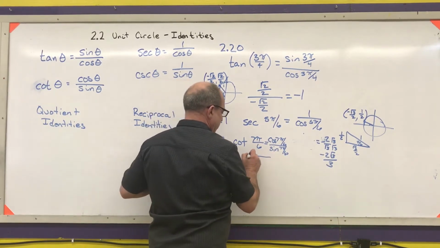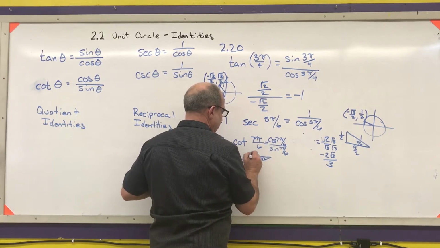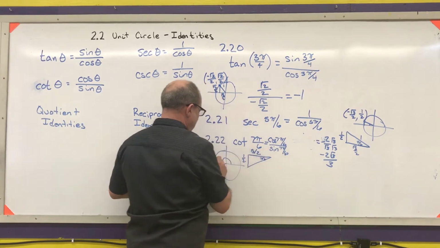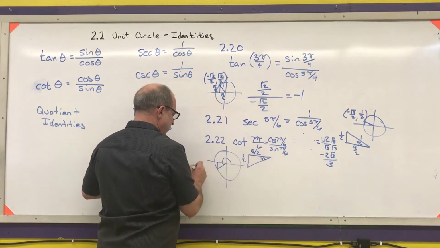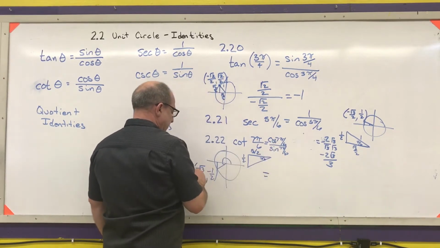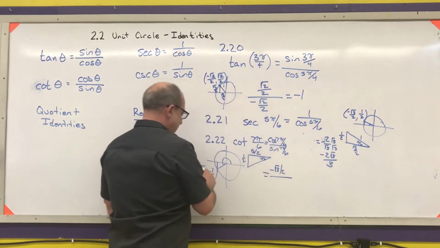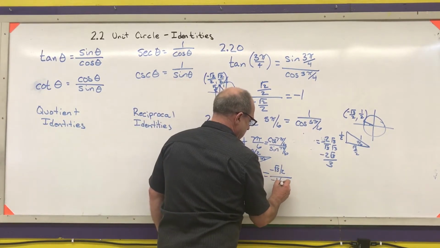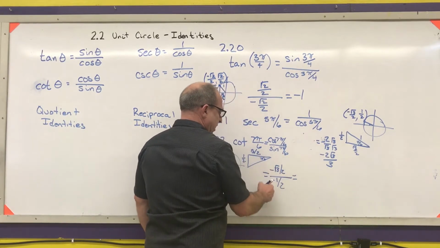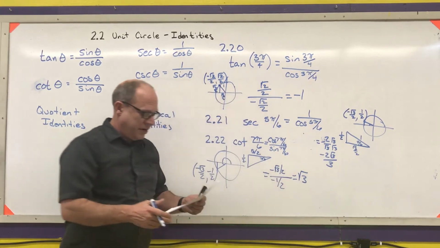That gives me this triangle, where that's pi 6, 1/2, square root of 3 over 2. Coordinates for this point are negative square root of 3 over 2, negative 1/2. So my cotangent is negative square root of 3 over 2 over negative 1/2. The 2's cancel, the negatives become a positive, and I get square root of 3 over 1, which is the square root of 3.